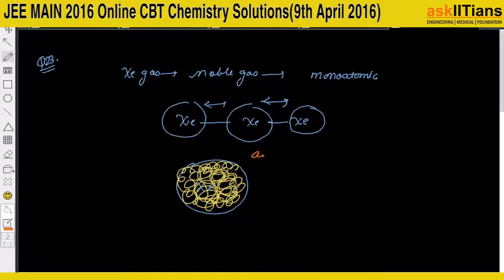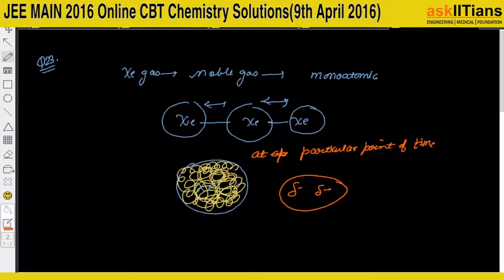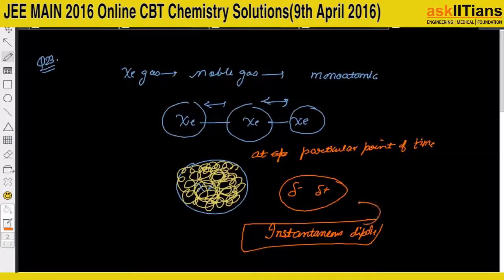That means at a particular point of time, there will be more electron density on one corner and a little less electron density on the other corner. That means there will be an instantaneous dipole introduced in the xenon atom. Now once the instantaneous dipole is induced in the xenon atom and it goes and finds another xenon, then this positive part will make the other side negative and the other part positive.